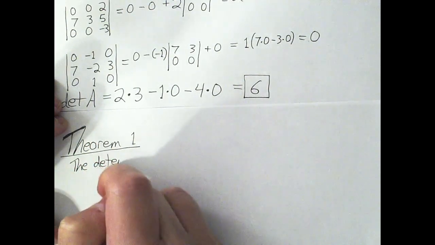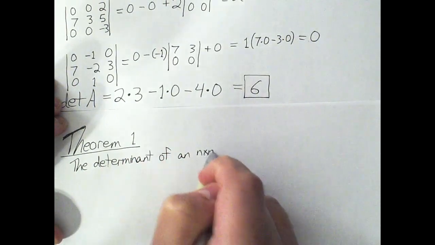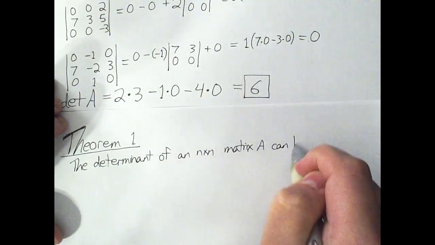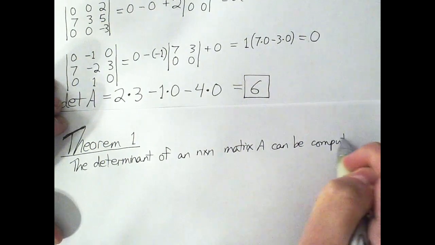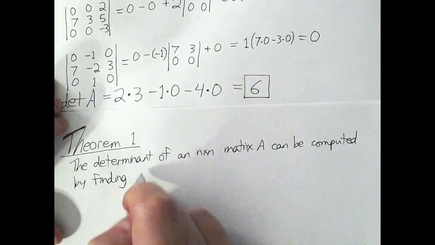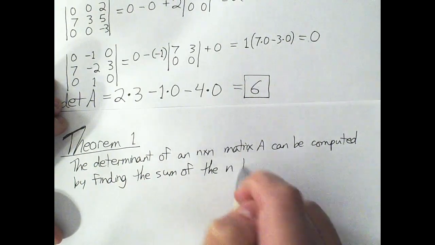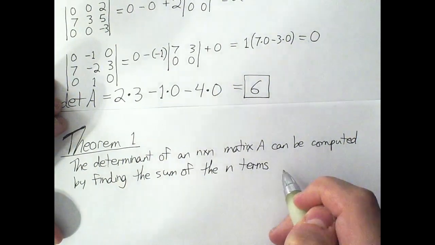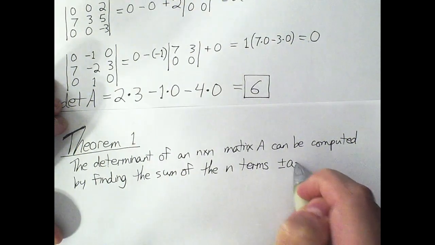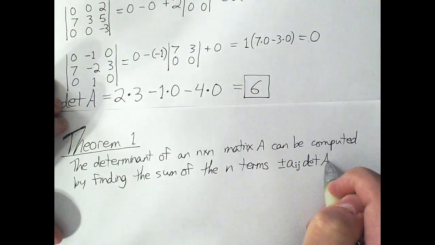The determinant of an n by n matrix A can be computed by finding the sum of the n terms plus or minus a_ij times the determinant of A_ij.